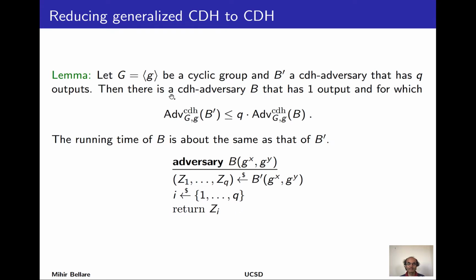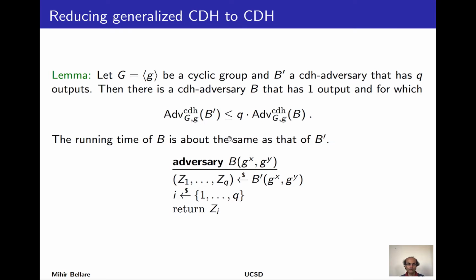What this lemma says is that if you have an adversary of the form we just described with Q outputs or guesses as to the CDH solution, then we can design an adversary making just one such guess, meaning having one output in our conventional type, and the advantage of our Q output adversary is at most Q times the advantage of the single output adversary. In other words, if I assume hardness of CDH against adversaries with Q outputs, it's not qualitatively a new assumption because I can relate it to my original one via this formula.